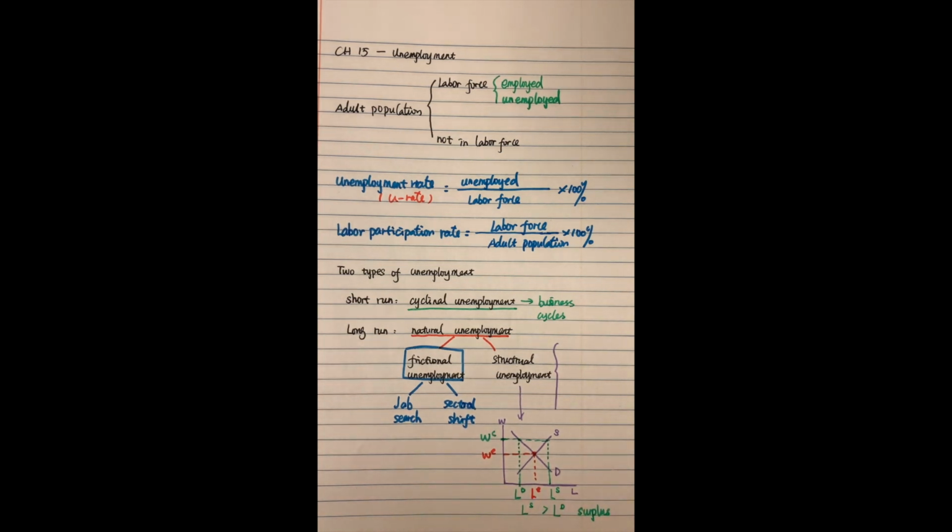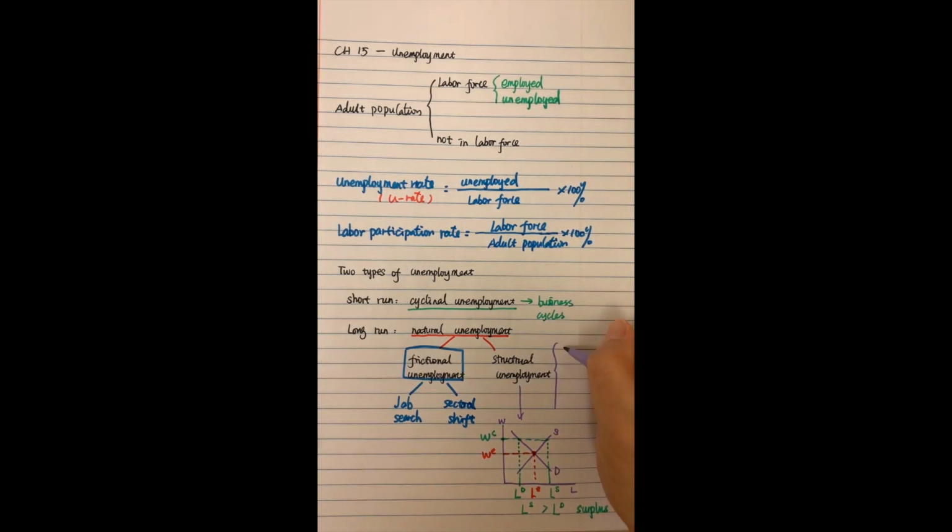And there are three reasons resulting in structural unemployment. The first one is the minimum wage law, okay? So in chapter 6, we noticed that in order to protect the least skilled workers or inexperienced workers, government sometimes will put in a minimum wage, right?